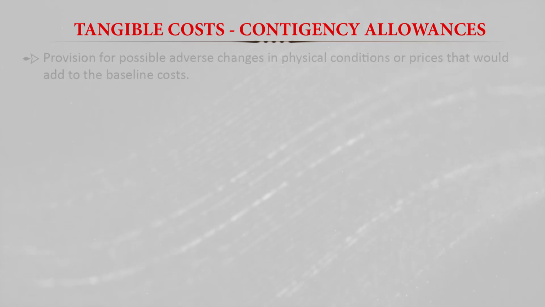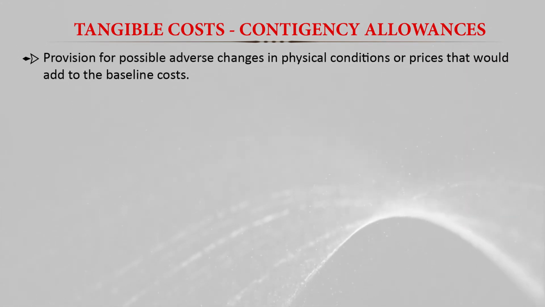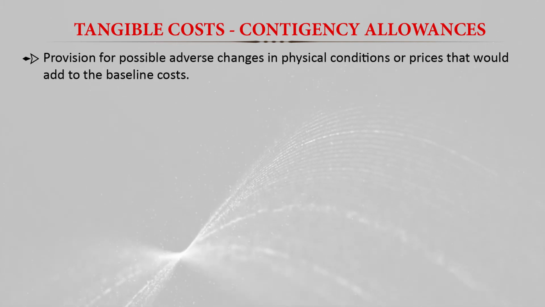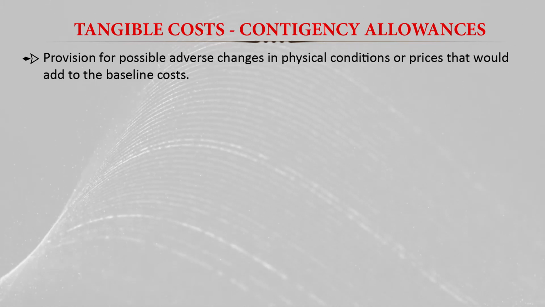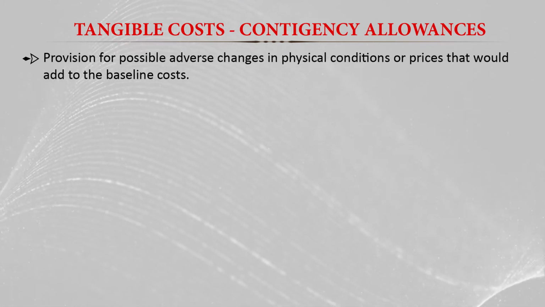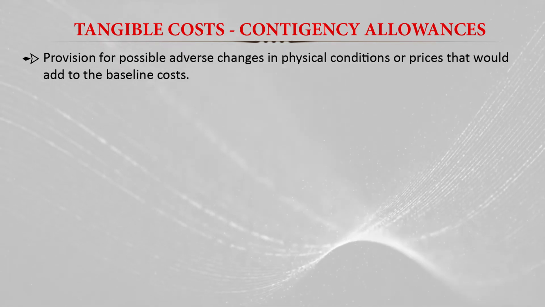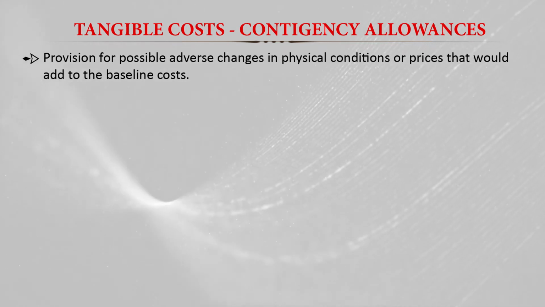So it is a special provision for possible adverse changes in the physical condition or prices that would add to the baseline cost. Here we make some special provision for the adverse change which may arise when we implement the project in the field. For that, some provision is made, and that is called a contingency allowance.